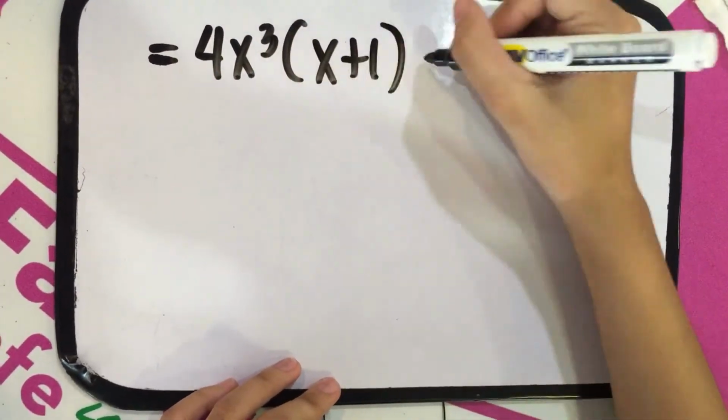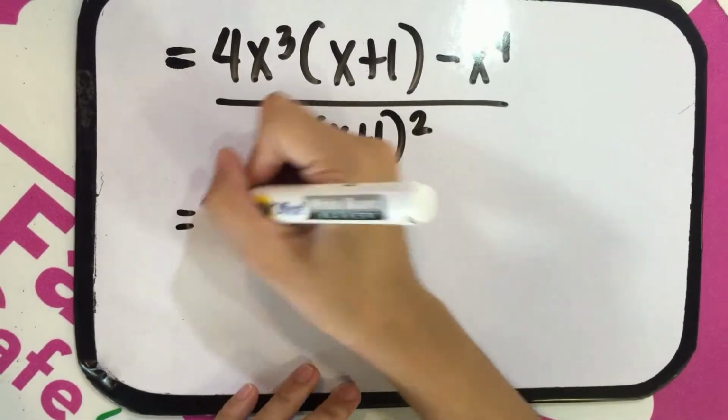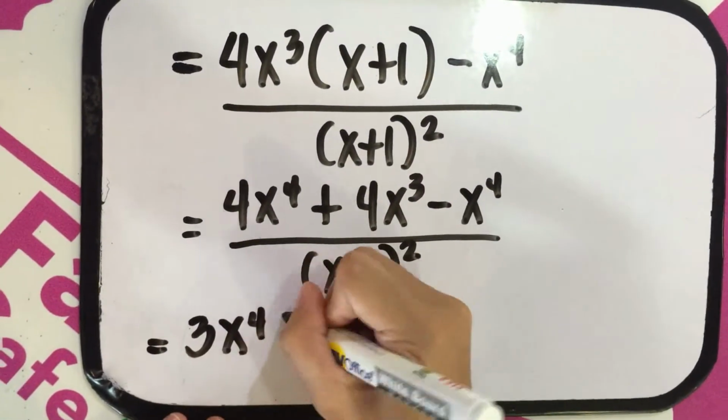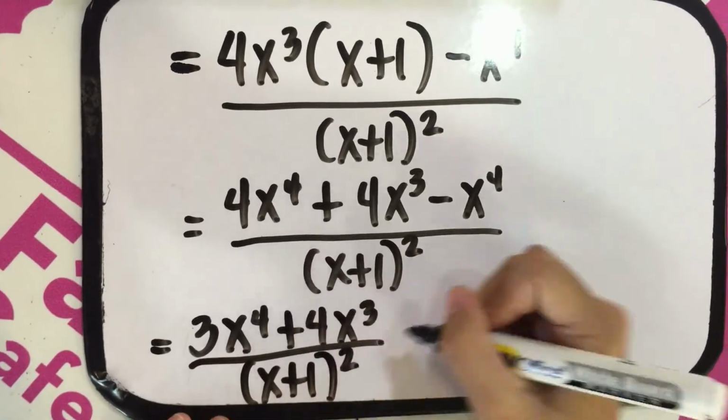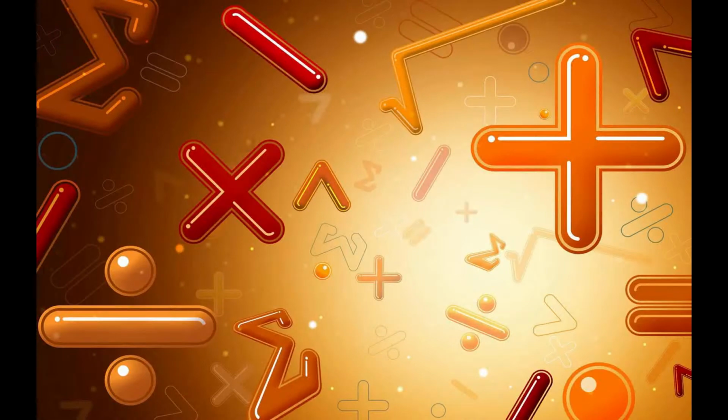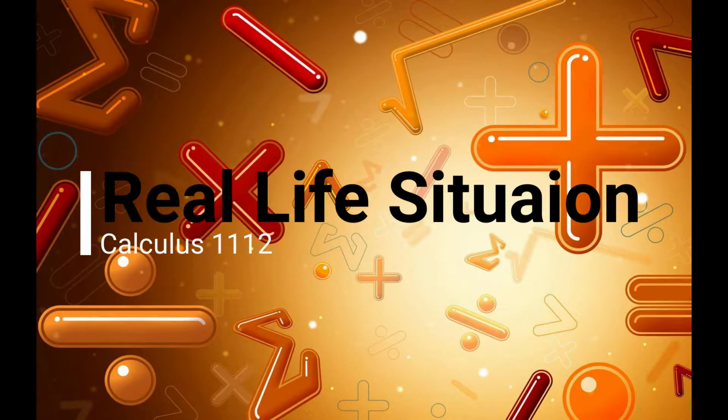Now you're gonna compute the numerator, and this is gonna be 3x raised to 4 plus 4x raised to 3 over x plus 1 raised to 2. Now the answer will be x raised to 3 times 3x plus 4 over x plus 1 raised to 2. Now, we are done teaching the basic rules of derivatives, and we will now apply it in real life.